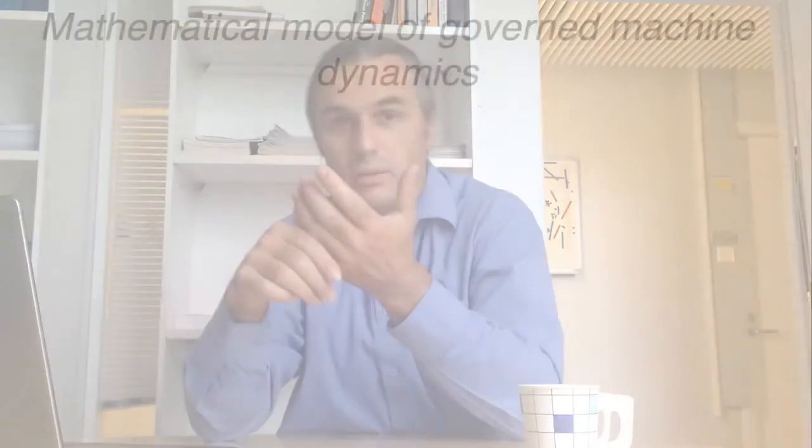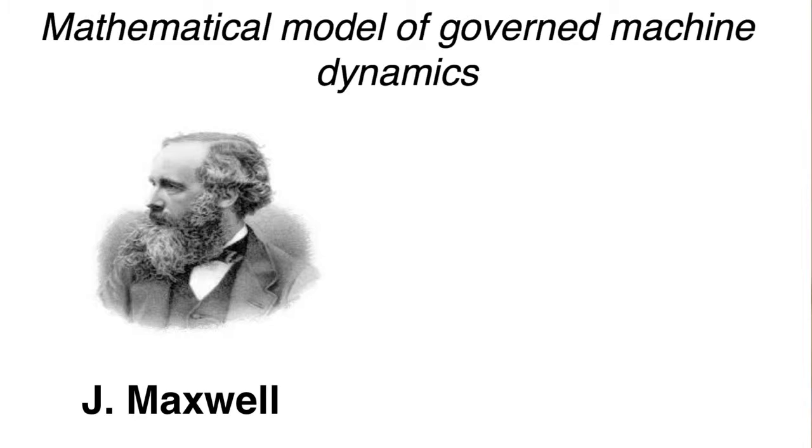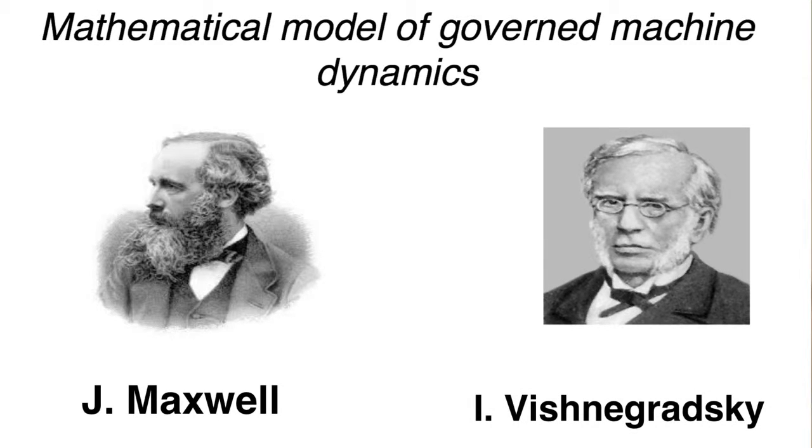And what I really love about science is that they make a model of it. Two famous scientists. One was the famous Maxwell, who developed electromagnetic theory, the theory of electromagnetic waves also. And another was the Russian scientist Vishnegradsky, who independently developed a theory, a model, and explained why it happened.